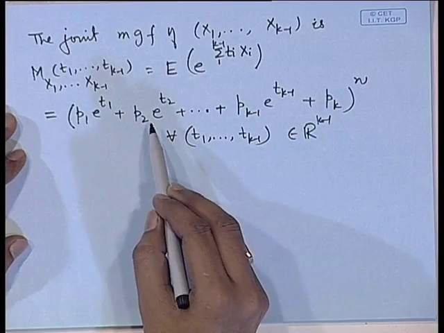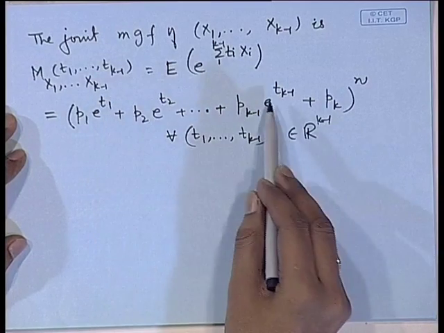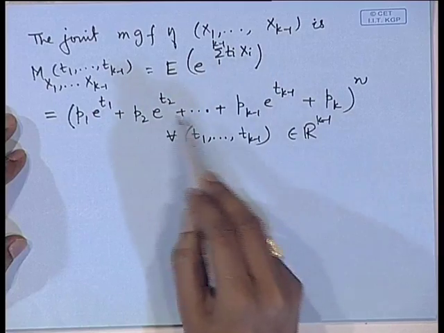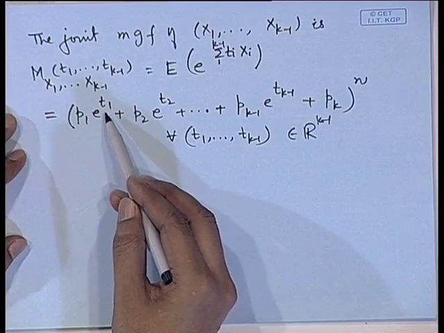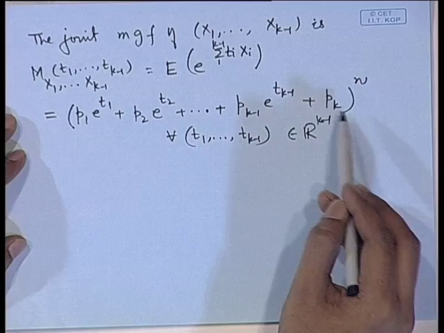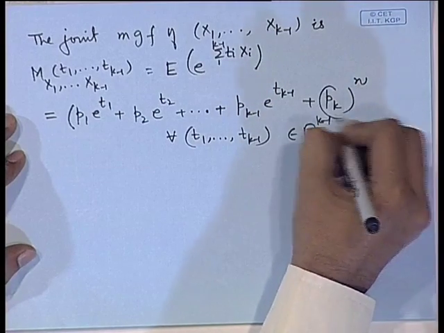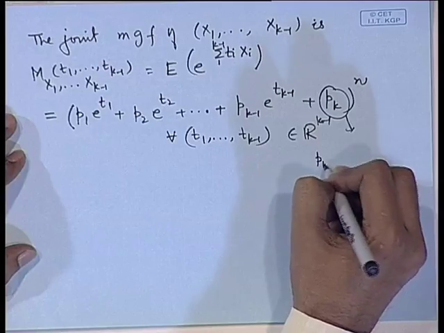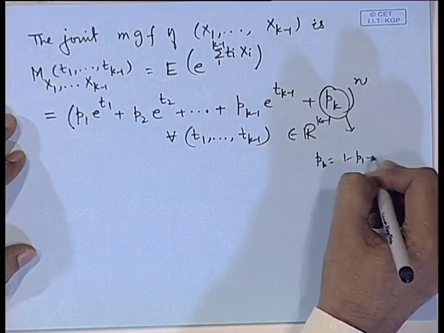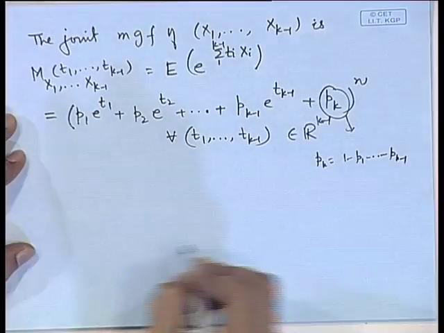Now, easily you can see that suppose I substitute t 2, t 3 up to t k minus 1 equal to 0, I will get p 1 e to the power t 1 plus p k to the power n. So, this p k is actually 1 minus p 1 minus p 2 minus up to p k minus 1.